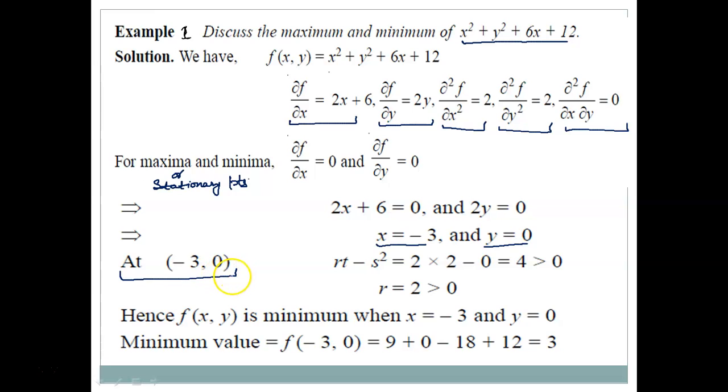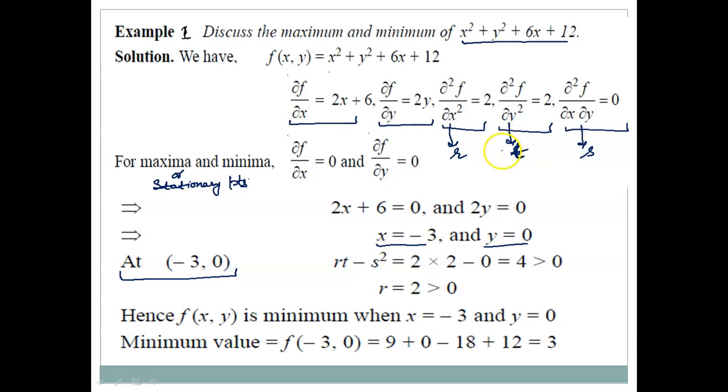Now we want to investigate whether this point (minus 3, 0) is a point of maxima or a point of minima. At (minus 3, 0), the value of r is this one. This is r, this is s, and this is t.